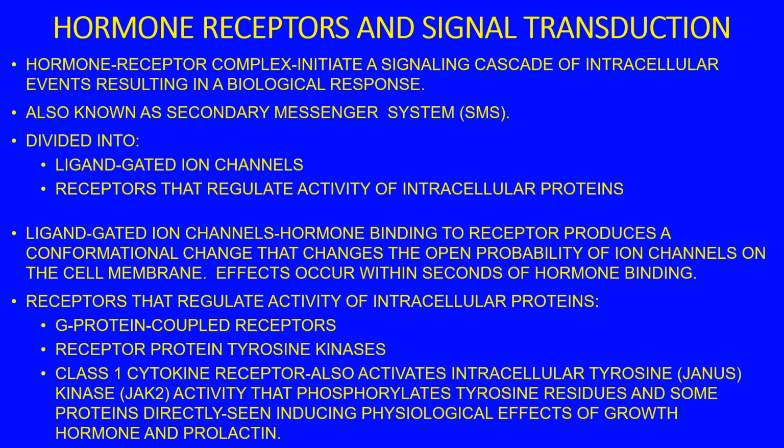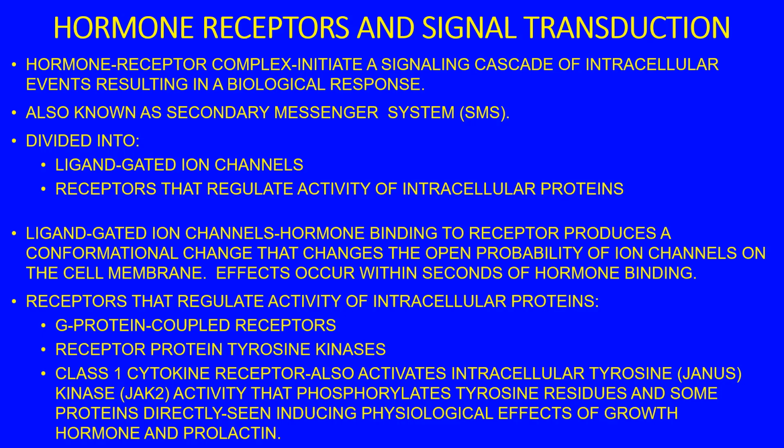Now, G-coupled receptors, usually what you have is a single polypeptide chain with 7 transmembrane domains. In other words, basically it's going back and forth across the membrane. And then that's coupled with heterotrimeric guanine proteins, G proteins. They consist of 3 subunits, alpha, beta, and gamma.